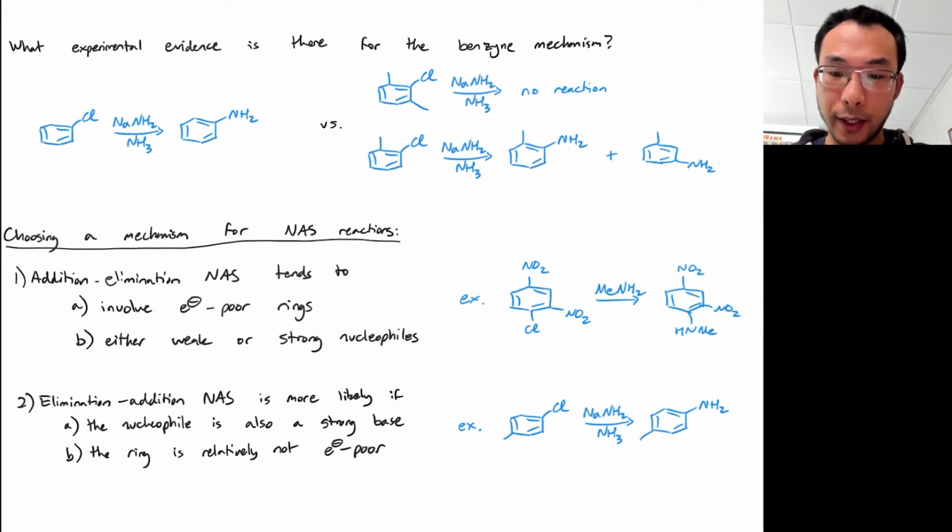But if I look at this, I recognize that I have this negatively charged nucleophile that's very, very basic because it's a negatively charged nitrogen. And then I see that my aromatic ring here doesn't have very strong electron withdrawing groups on it, but rather it has an electron donating group on it in addition to the leaving group. And so those two pieces of information together point me to the elimination addition NAS.